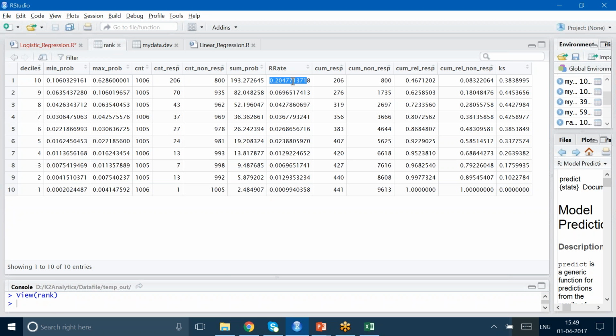So here I get that. Then again I've got cumulative response and all those things, and then KS. Can you see this? Let us now see rank ordering, whether it is holding. 20.4, 6.9, 4.2, 3.6, 2.6, 2.3, 1.2, 0.6. Here there is a minor crack now.